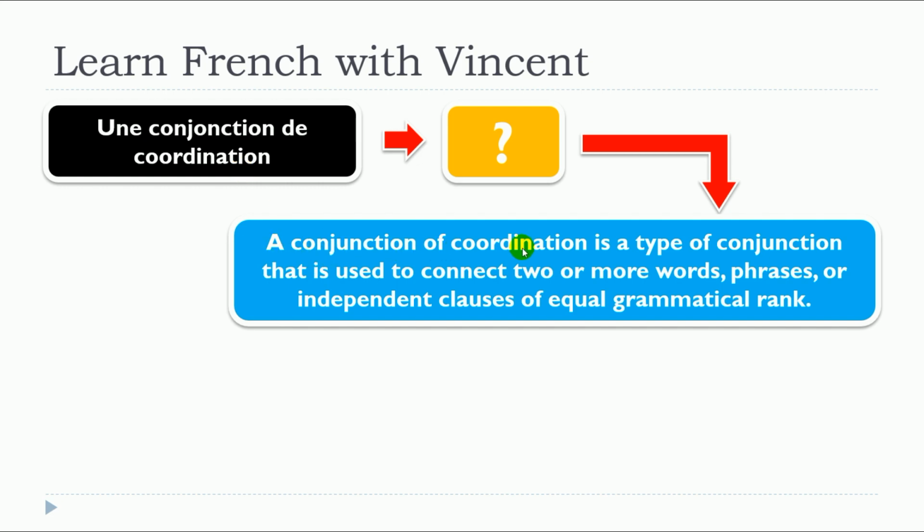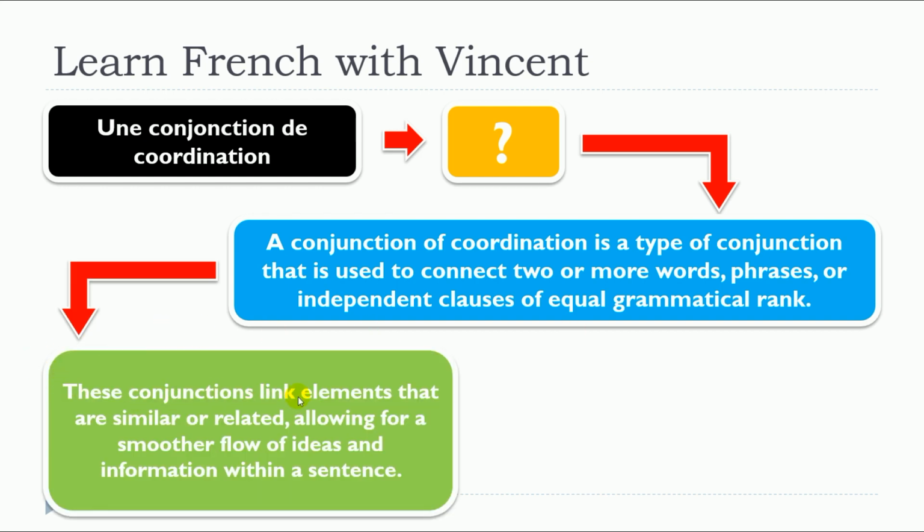A conjunction of coordination is a type of conjunction that is used to connect two or more words, phrases, or independent clauses of equal grammatical rank. So you will use the conjunction to connect two or more words, phrases, or clauses.